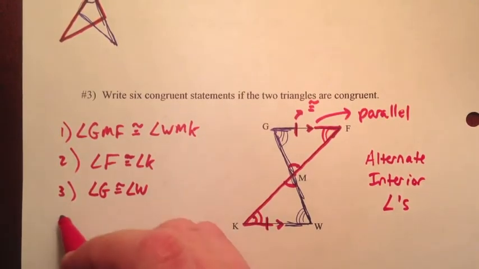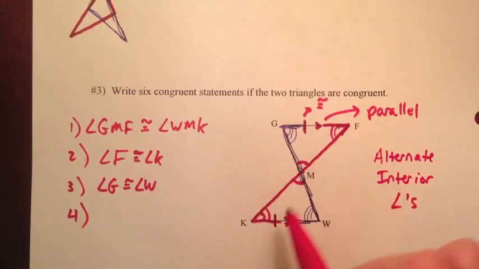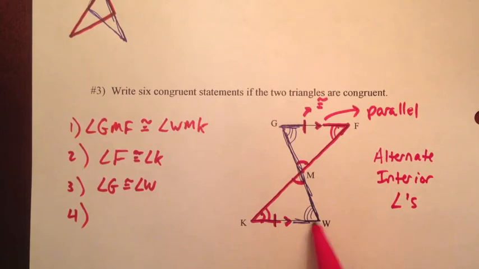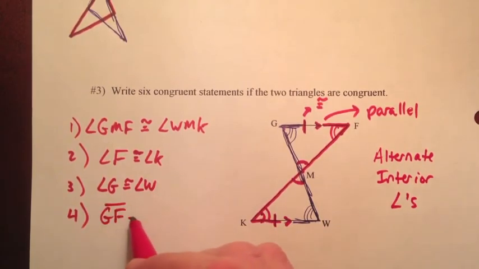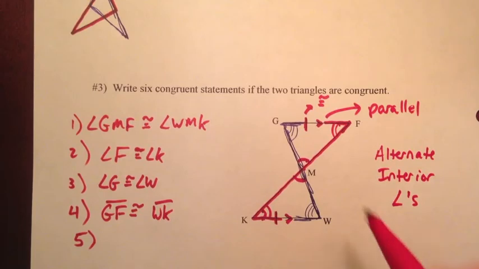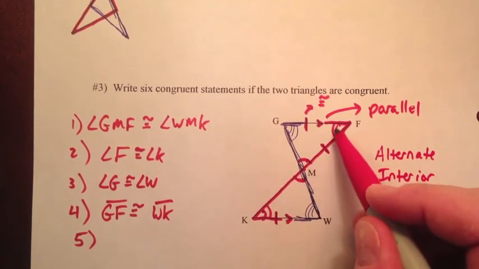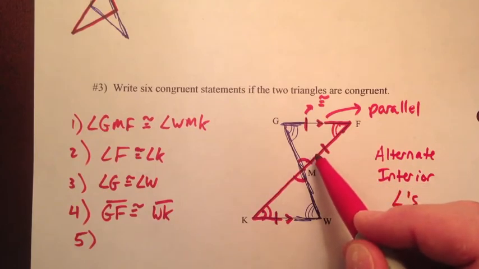So how about sides? Well, we've got the top side, GF, corresponds to the bottom side, WK. If you said KW, that's also fine. Segment GF is congruent to segment WK. Now let's see, MF, that's between 1 arc and 2 arcs. That's the side between those two angles.